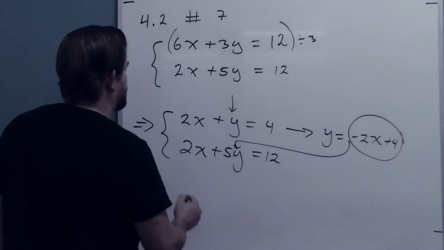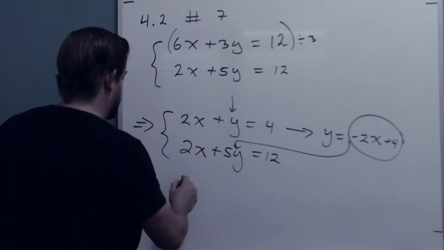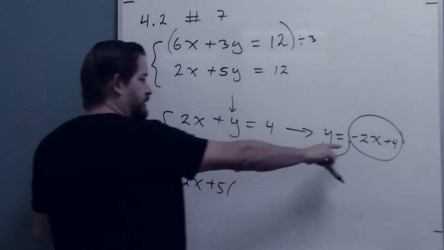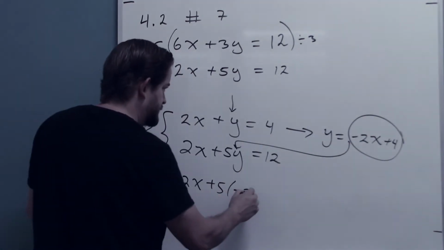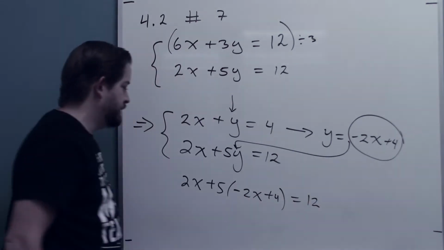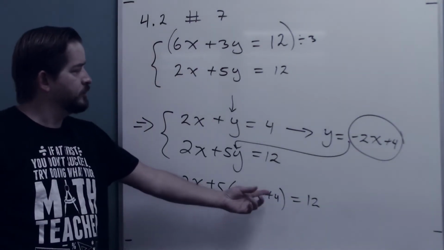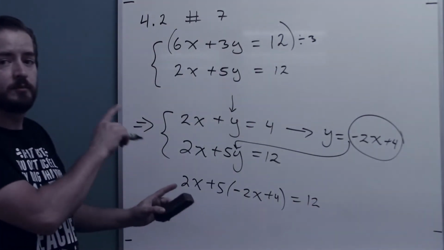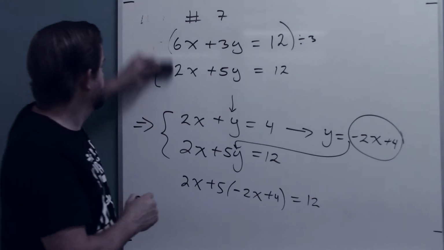This gives me 2x plus 5 multiplied by the equivalent expression of negative 2x plus 4 equals 12. I'll take this 5 and distribute it through, but I'm going to go ahead and move this up to the top. So if you need this, pause it now.